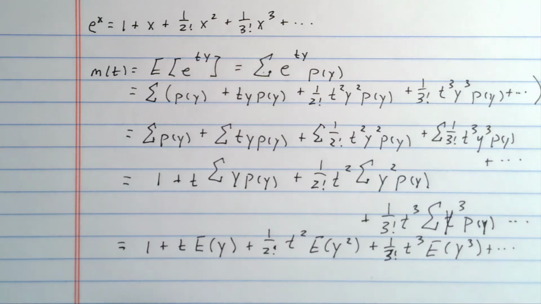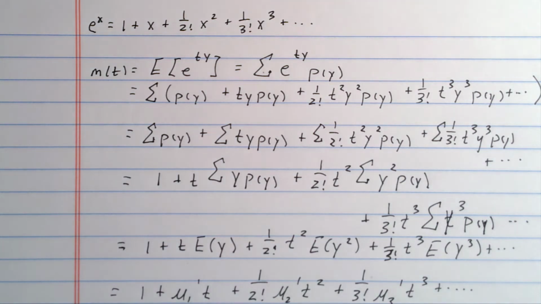And if we want to use our notation for moments, we can rewrite this as 1 plus mu 1 prime times t plus 1 over 2 factorial mu 2 prime times t squared plus 1 over 3 factorial mu 3 prime t cubed, and so forth.